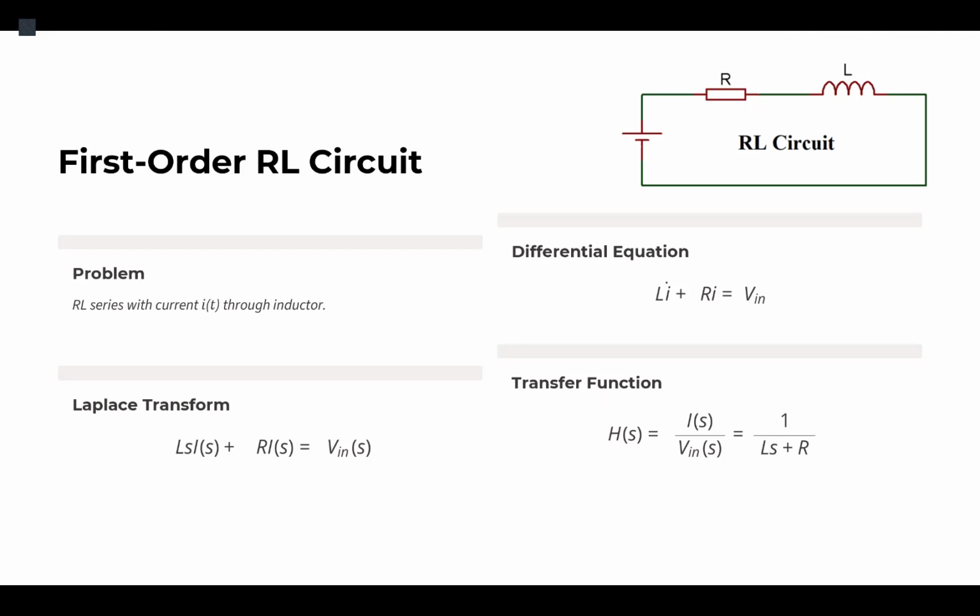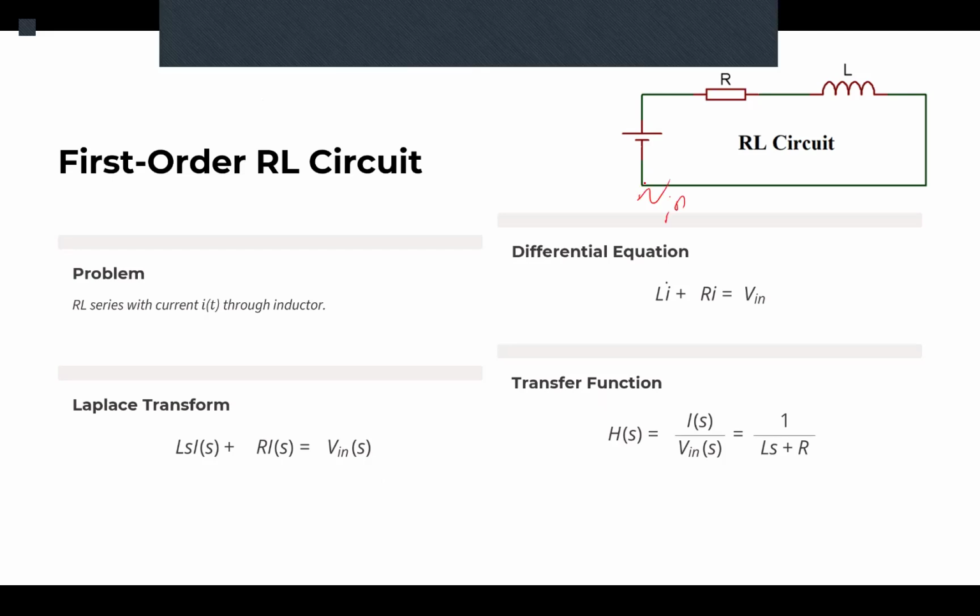Okay, now if you run the KVL over this circuit, you simply see that V input is equal to RI, let's use lowercase, plus the voltage across the inductor, which is L I prime, L dI/dt, correct?